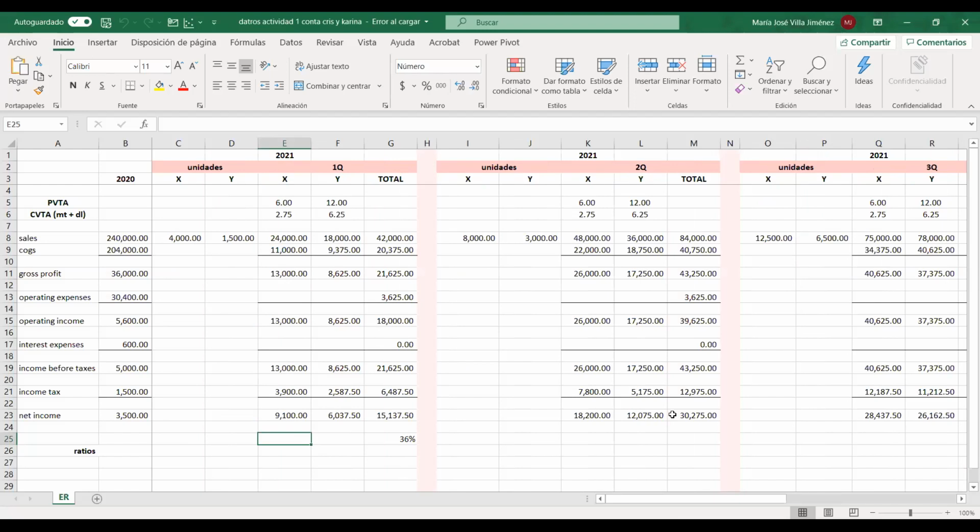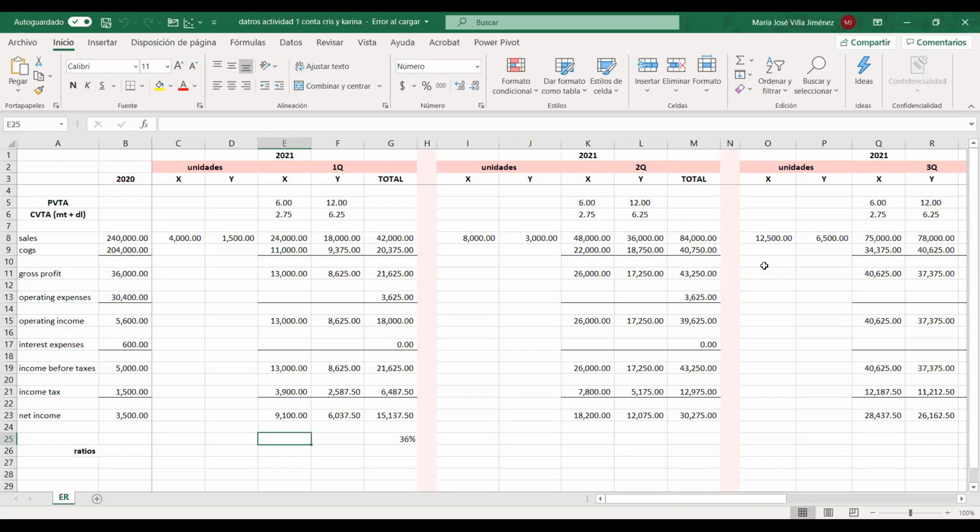I gave you that structure because it's going to be easier for you to build the budgets. I can see you have all the information there. I can see the sales and the prices. What I can tell you right now is you are going to have a hard time working on the financial statements.